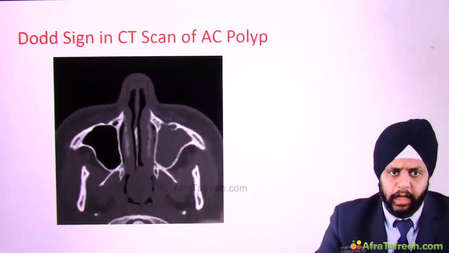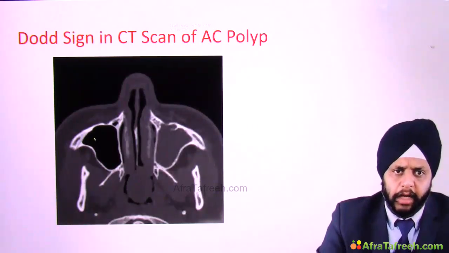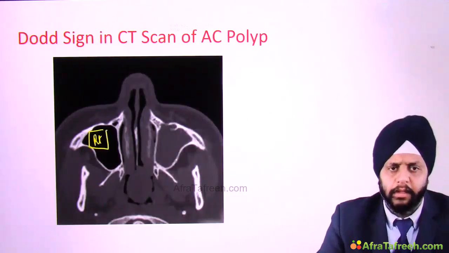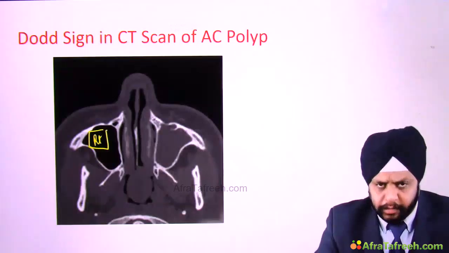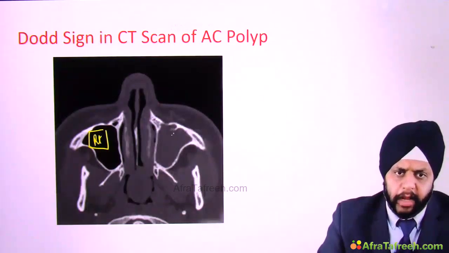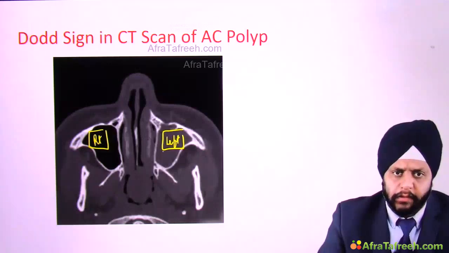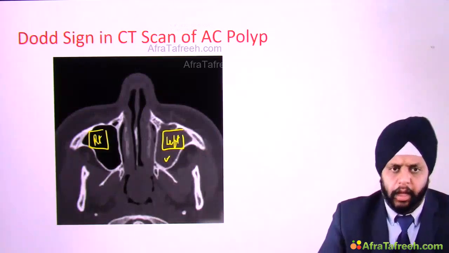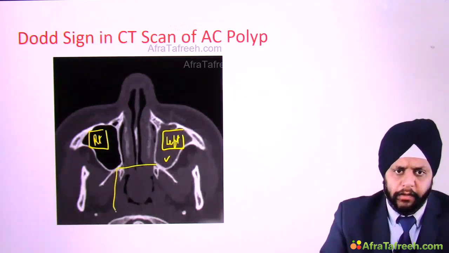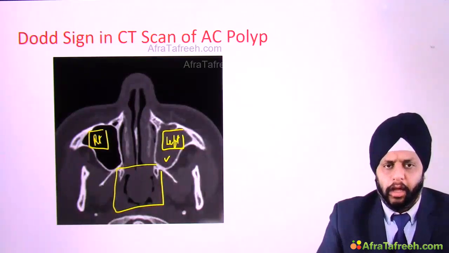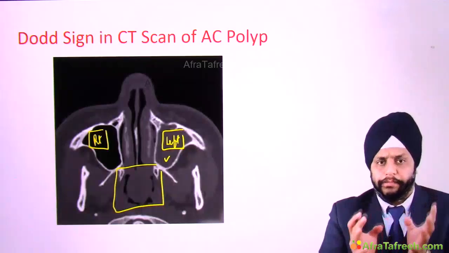In this CT scan, you can clearly see that the right side maxillary sinus is all right. There is air inside it. But the left side maxillary sinus is filled with some secretions. And when I look in the nasopharynx, over here, I can see that there is a mass.